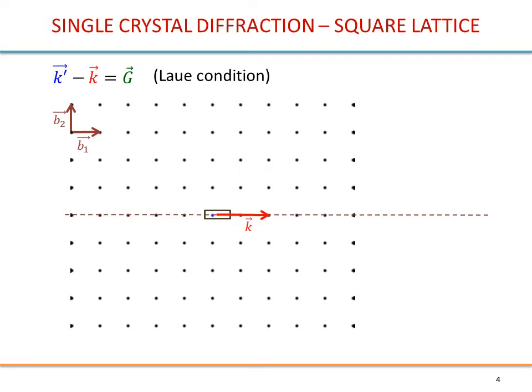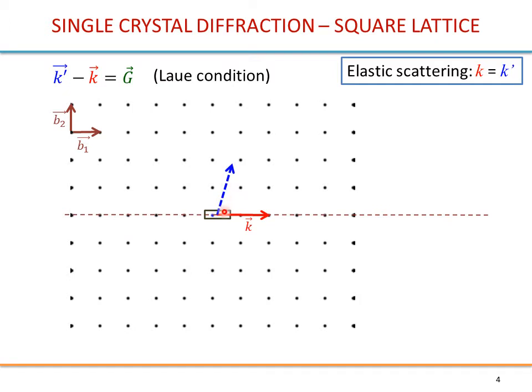The direction of the diffraction will be represented by k prime, a vector that represents the direction of the constructive interference. Where can k prime be? One very important condition is that we have elastic scattering, which means that k equals k prime in magnitude.